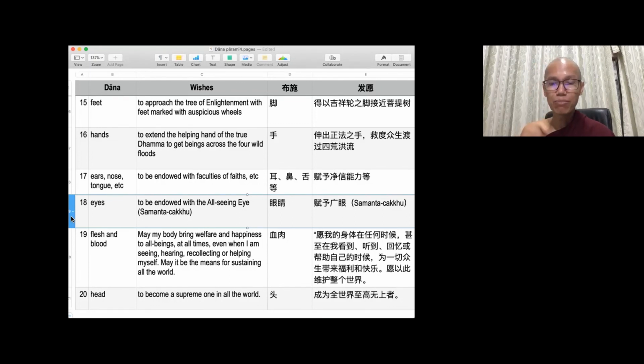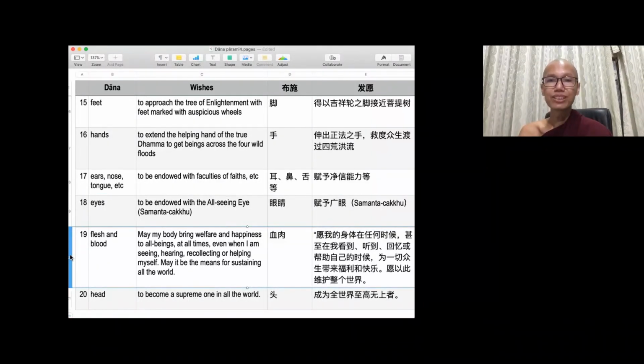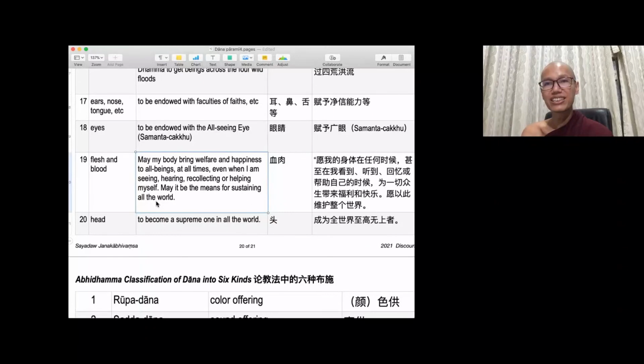Next one, flesh and blood donation. So why donate? May my body bring welfare and happiness to all beings at all times, even when I'm seeing, hearing, recollecting, and helping myself. May it be the means for sustaining all the world.